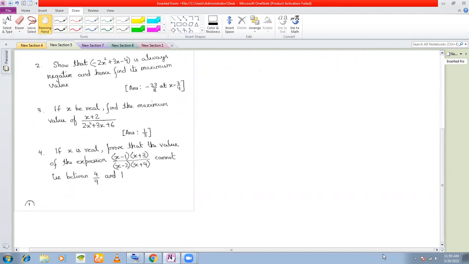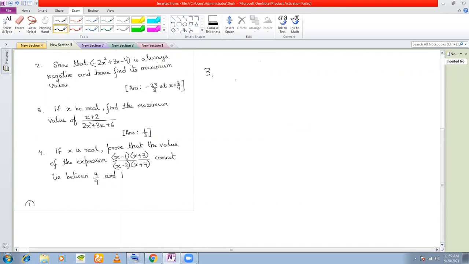Question is, if x be real, find the maximum value of this. Now this time, you don't have a quadratic directly given to you. You have a rational expression, in fact, x plus 2 divided by a quadratic. So how will you deal with this?